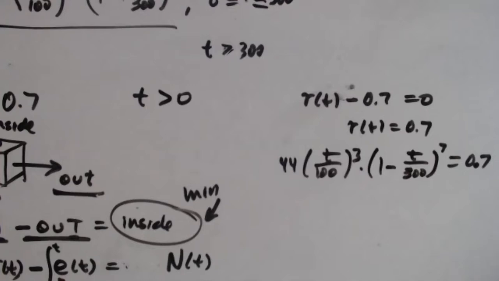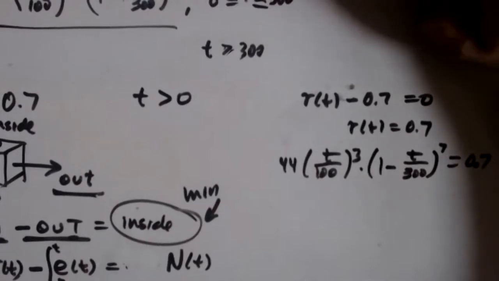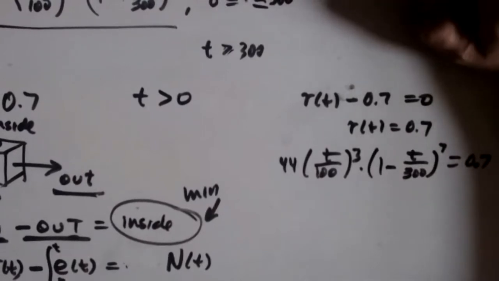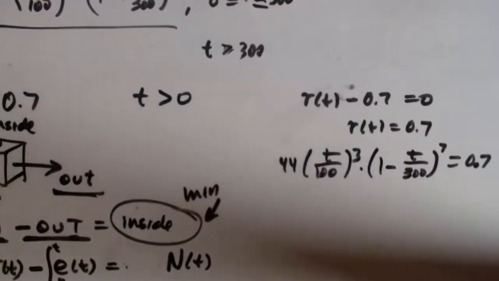Yeah, it's obvious that there is no solution because this is 4400. Let me see. Control T. One second, two seconds, three seconds, four seconds, five seconds. It's 22 always. 0.7.